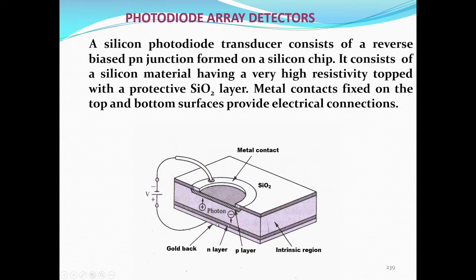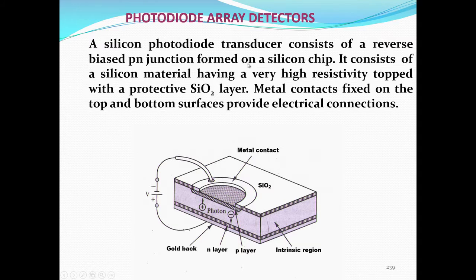It is basically a PNP semiconductor, and there is a P layer, there is one layer, there is an in between layer, an intrinsic region, and then there is a collector here, metal contact, and then SiO2 is used, and there is a power supply for this, and then there is a gold back here at the bottom, and this is how it works.